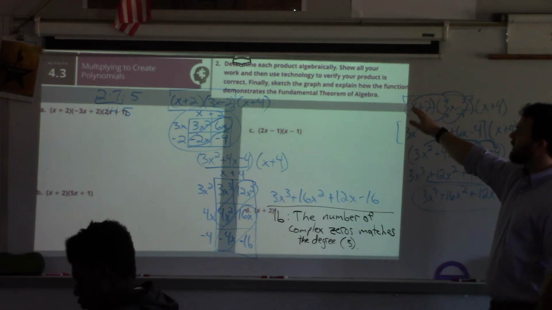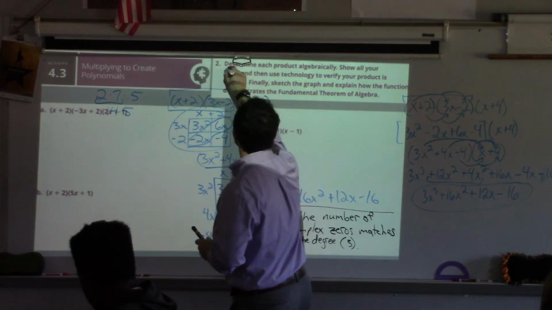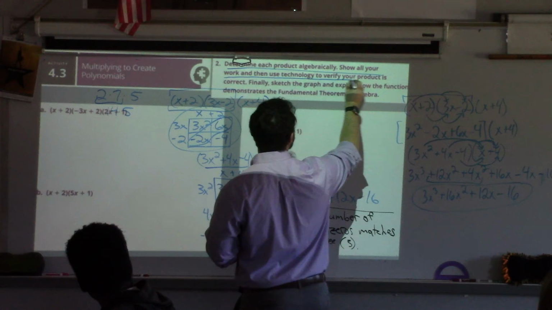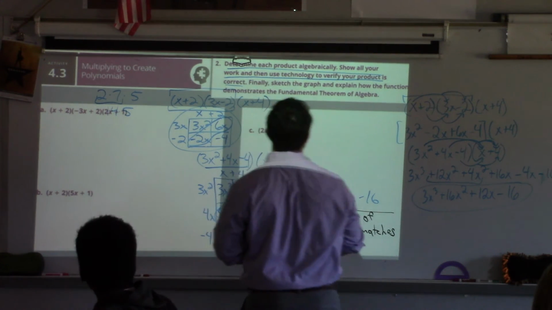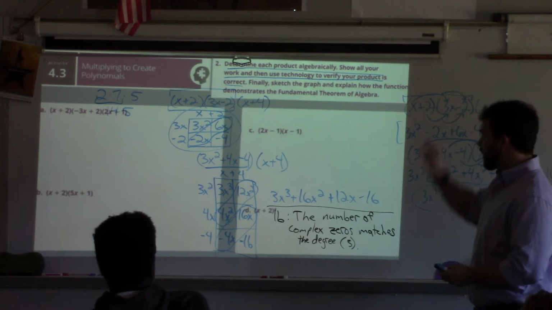Now I want to point this out really quickly. Do not follow all the directions. I just want you to follow these first 2 sets of directions. Determine each product algebraically, show all your work, and then use technology to verify your product is correct. Don't sketch the graph on here. Just do that part for now.